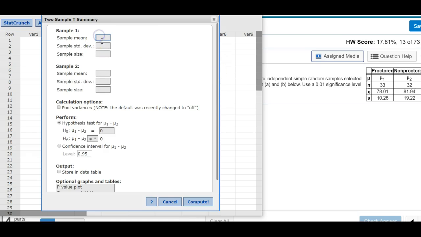We have 78.01 as the mean of the first group, 10.26 as the standard deviation, and a sample size of 33. For the next group we're given a standard deviation of 19.22 and a sample size of 32. And we're going to test the hypothesis that mean 1 is less than mean 2, so we're looking for negative numbers here.